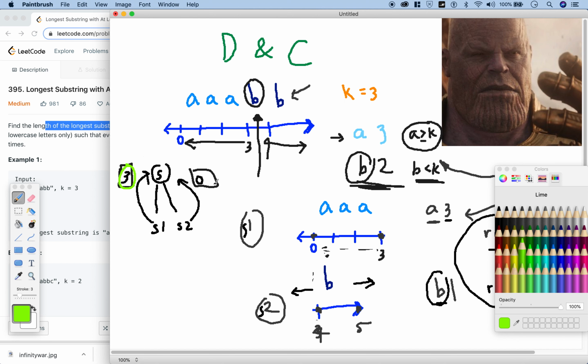And once you've explored all the possible sequences of infinity stones, you're guaranteed to find the longest sequence if it exists, because you've ruled out all the infinity stones that do not belong, so you're left with the ones that do belong, right? In this case, the answer is 3. And remember that is this sequence right here, AAA.